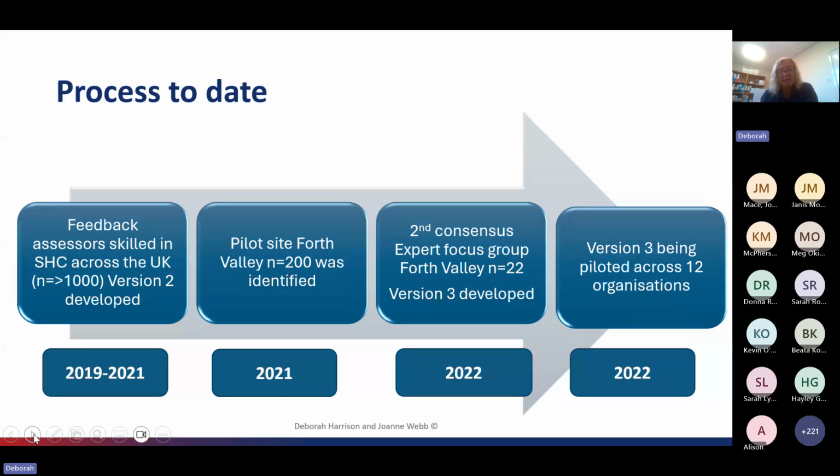They became our second consensus expert witness group, and version 3 was developed in 2022. Version 3 was piloted across 12 organisations, and we got it published.